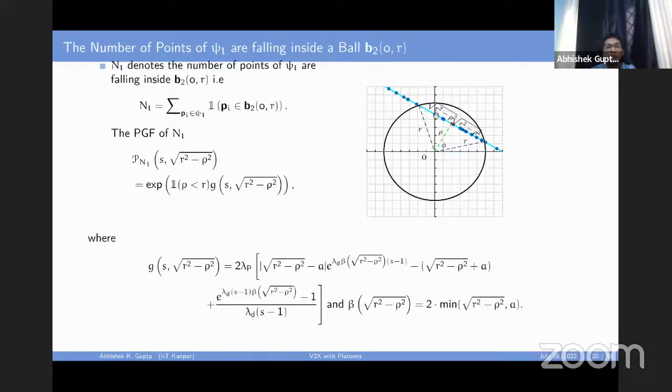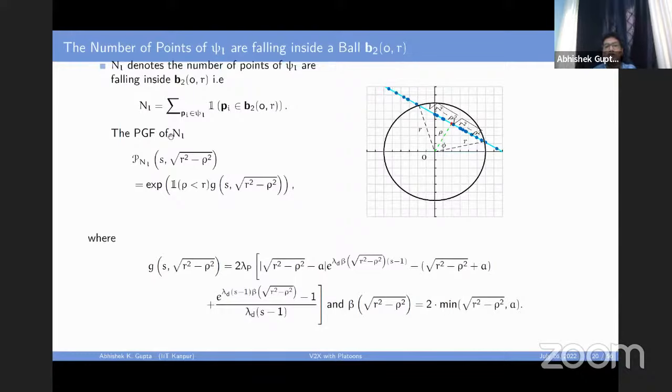Then we have the MCP, and it's a double PPP, so you can compute how many points are there on this line. Here again, I've computed a PGF, because from the PGF it's easy to compute the mass function and the distribution.